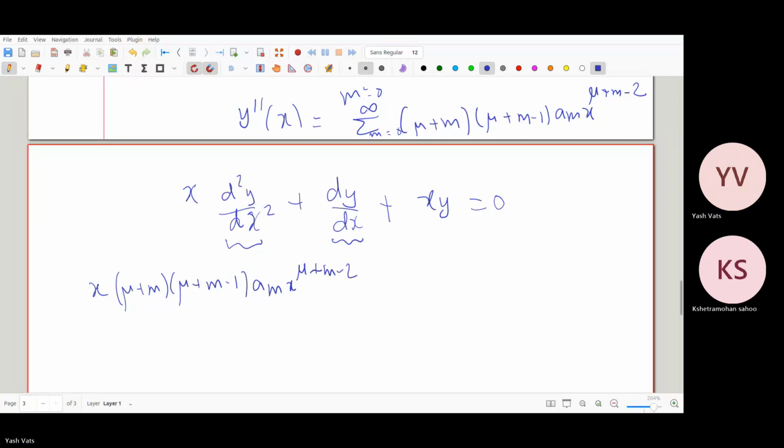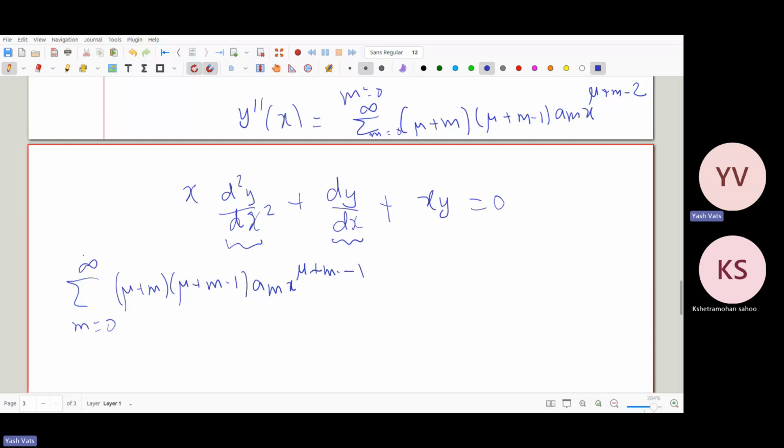I just substitute this value of x over there, and that would give you the summation m equals 0 to infinity.